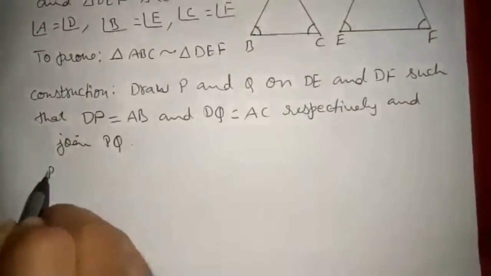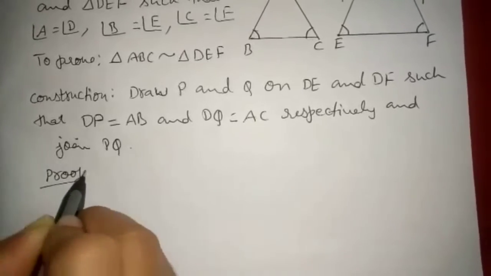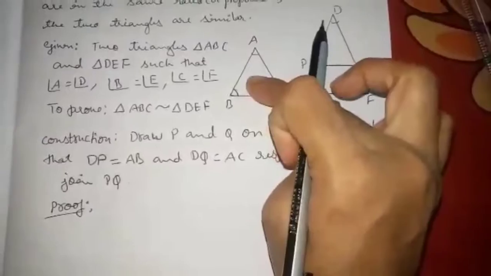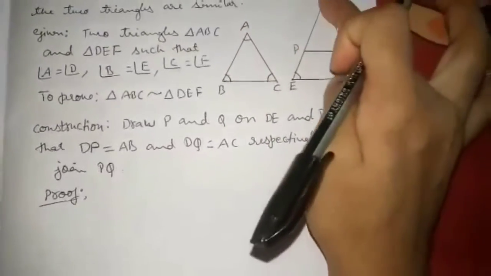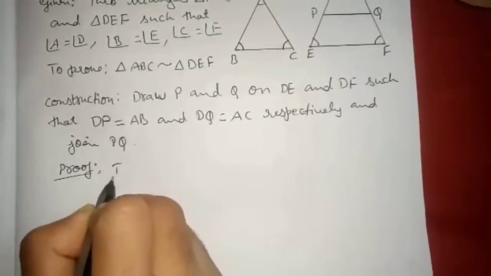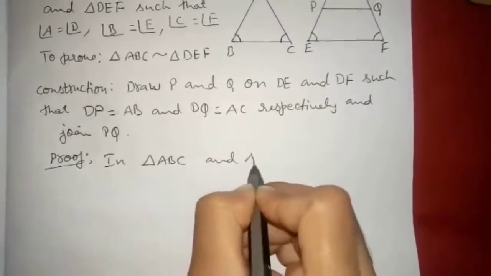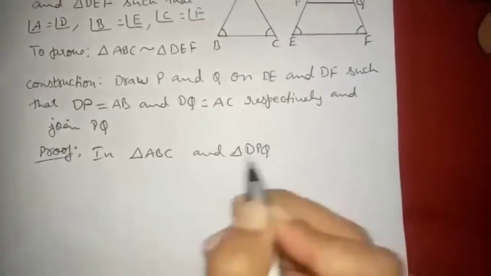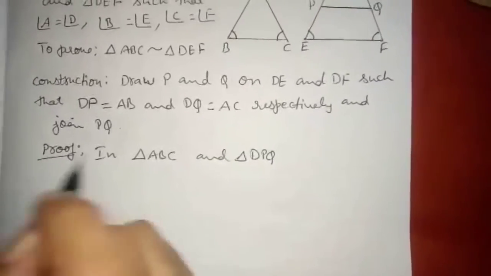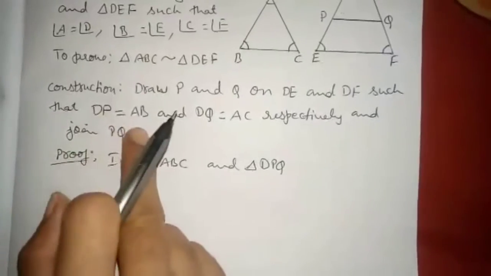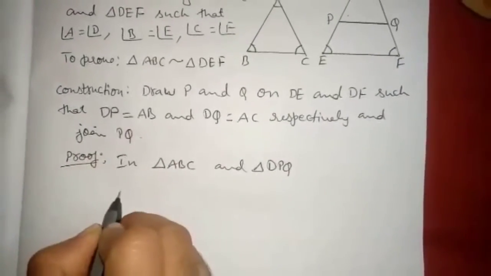Next we'll start the proof. So we'll take two triangles, triangle ABC and triangle DPQ. In triangle ABC and triangle DPQ, what are equal? We have to see. AB is equal to DP, right? How? We got it from construction.